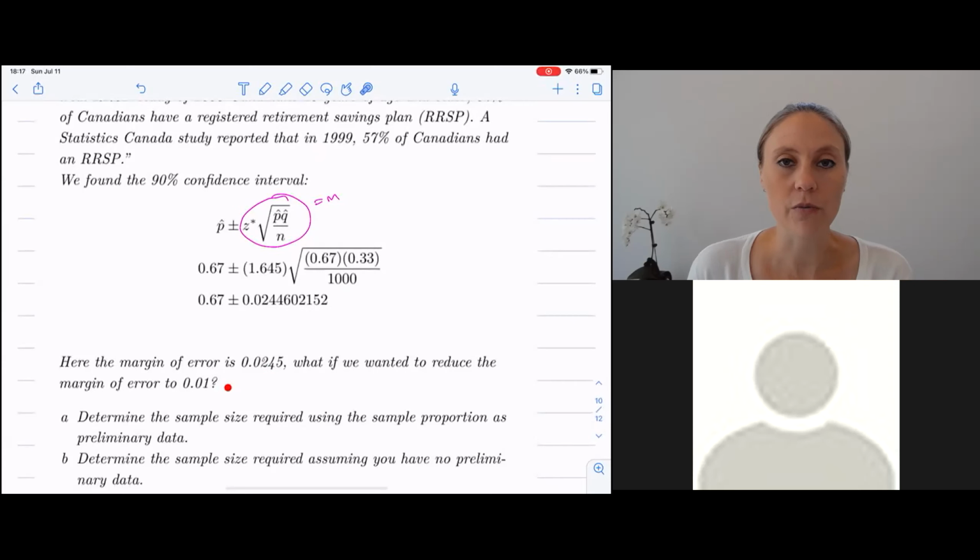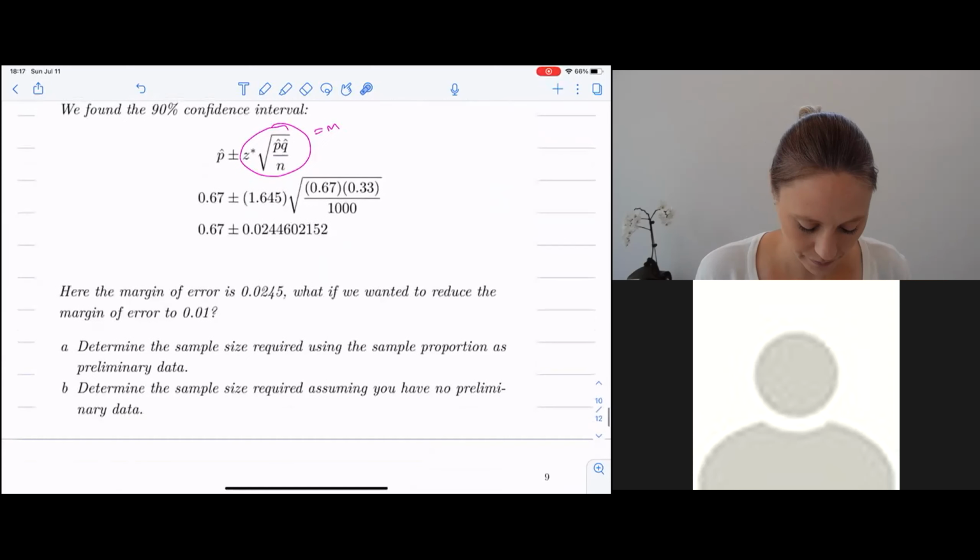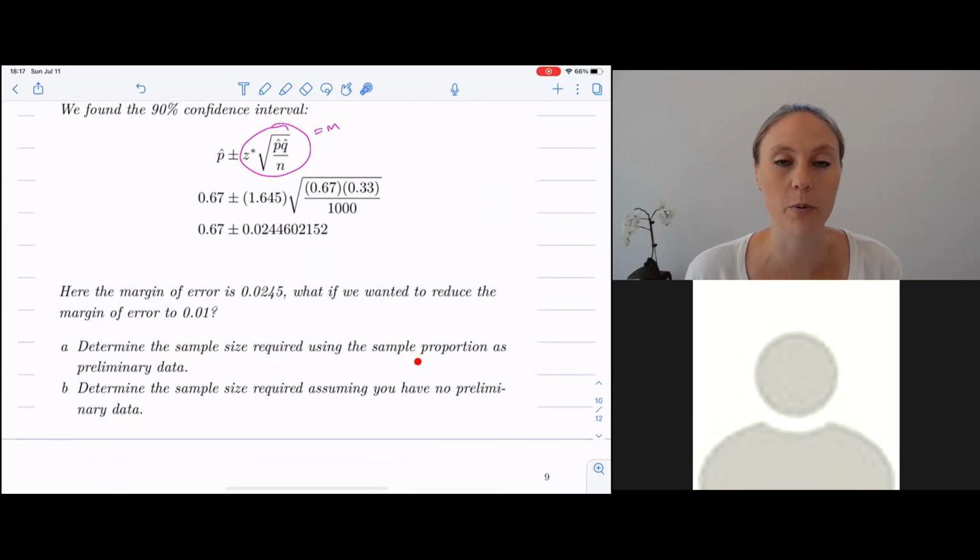Okay. So I've got two scenarios here. Part A: determine the sample size required using the sample proportion as preliminary data. What does that mean? It means P star is 0.67. So we're going to use a 0.67, 0.33 split.